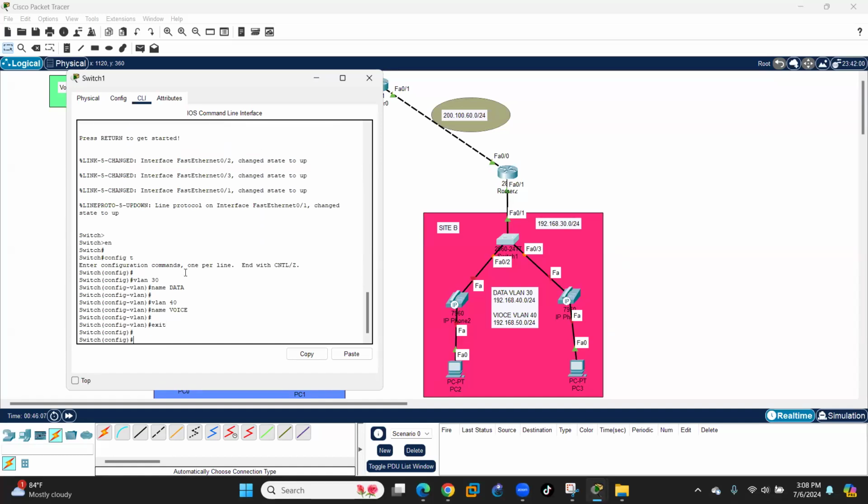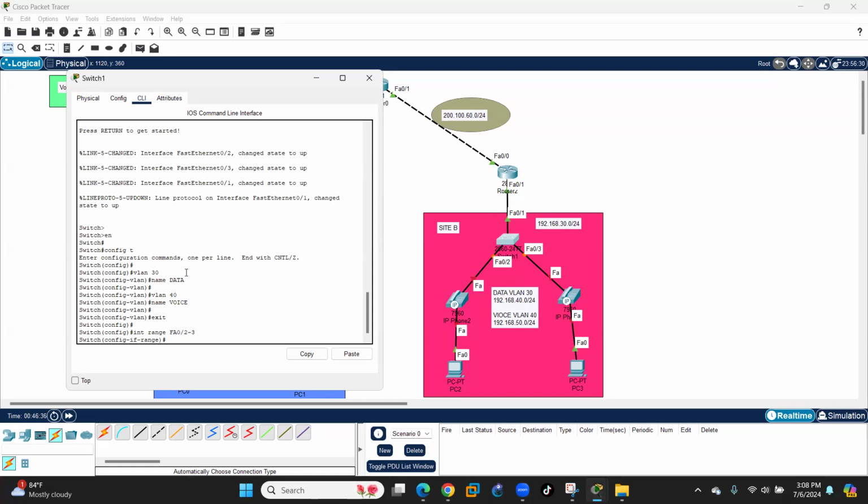Exit. Now the trunk. I've not yet added the interfaces, so I can do the trunking. Interface range Fa0/2, I would advise you to start doing your own and forget about what I'm doing here. Switchport mode access.